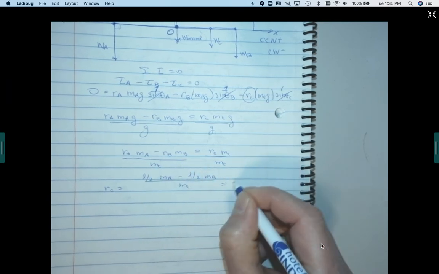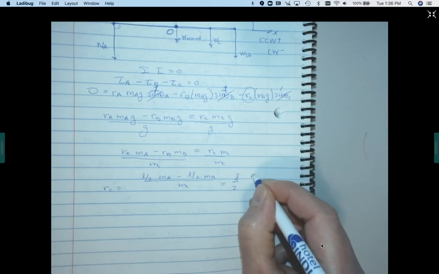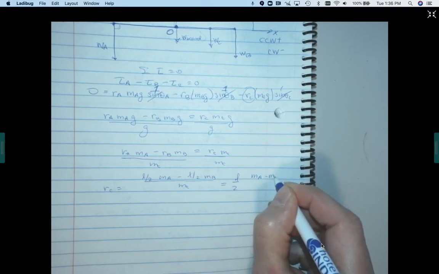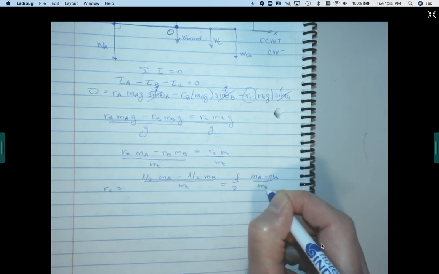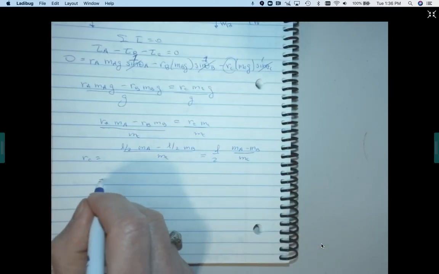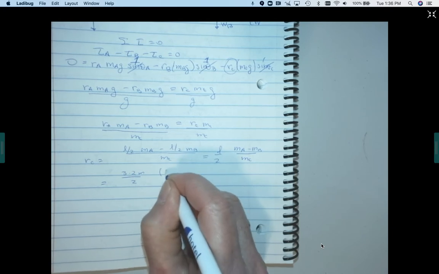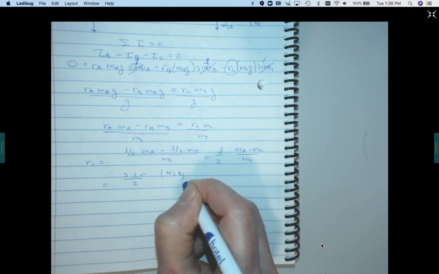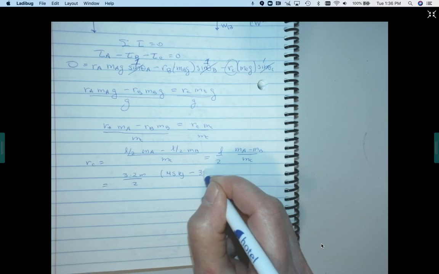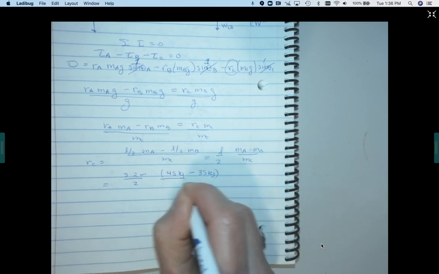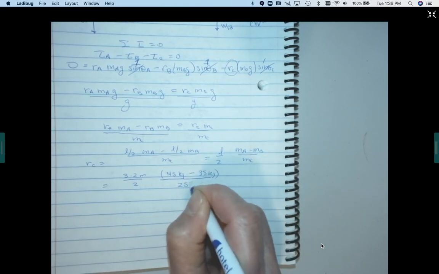So I can actually factor out that L over 2, and I get L over 2 times MA minus MB divided by MC. So if we plug in now, we have 3.2 meters for L divided by 2, and then the mass of A is 45 kilograms, child B is 35 kilograms, and child C is 25 kilograms.